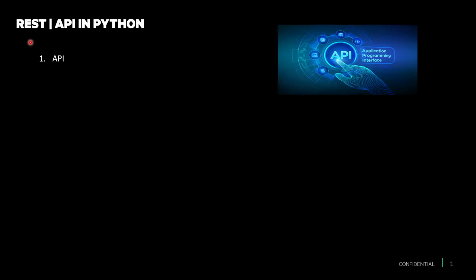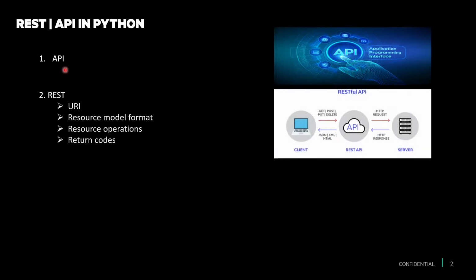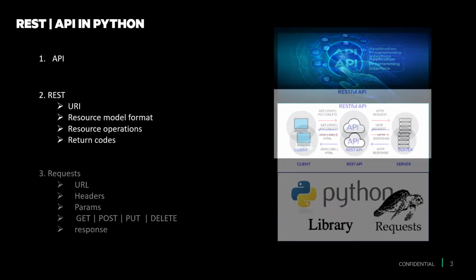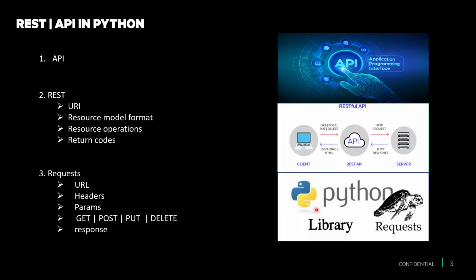Today we'll be talking about REST API in Python. We will take a very high level view of API, then we'll be talking about REST. We'll try to familiarize ourselves with URI, resources, their formatting, different operations, and the return codes. Then we'll explore the Python requests library.